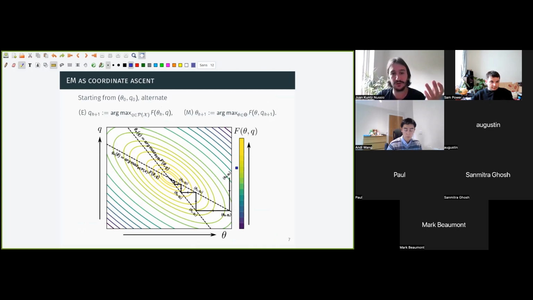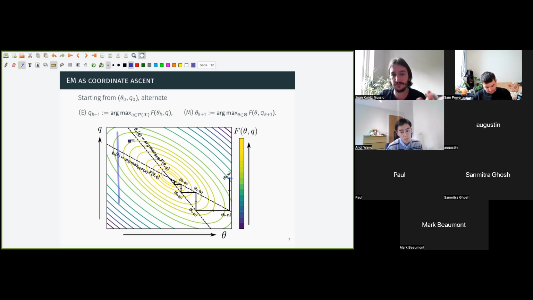So here's one such cartoon. The free energy is coming at you from the slides. Yellow is high and blue, purple is low. And we have our Q axis, our theta axis. Here I've also plotted these 2 lines. This is the line of, for each fixed theta value, what's the Q that maximizes F, and vice versa.